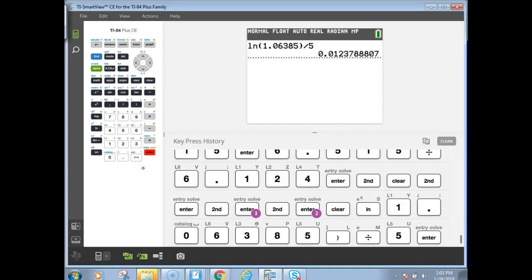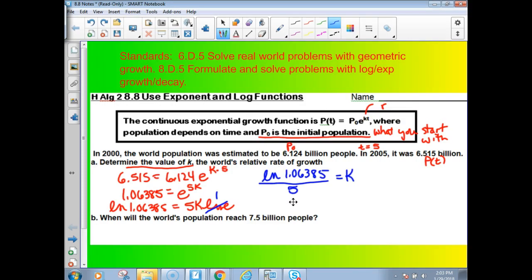Okay, so you should have 0.01238, and that's your K value, which is the relative growth rate, or rate of growth, about 1.2% growth.